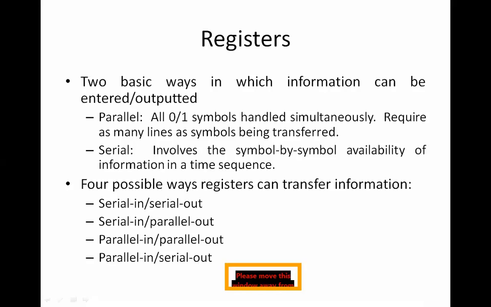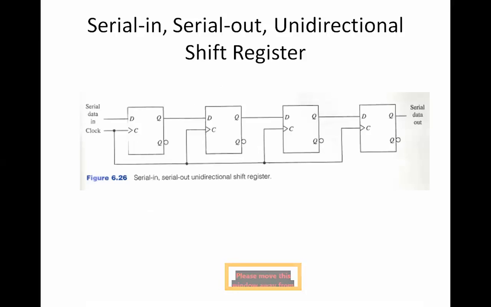These are the four types of registers in which the data can be represented. The first one that we are going to see is the serial in, serial out, unidirectional shift register. These topics are important because they are going to come up in your examinations as well as your CIE.